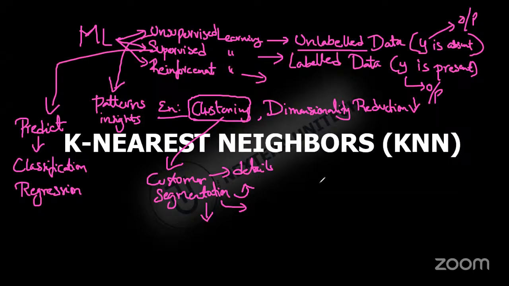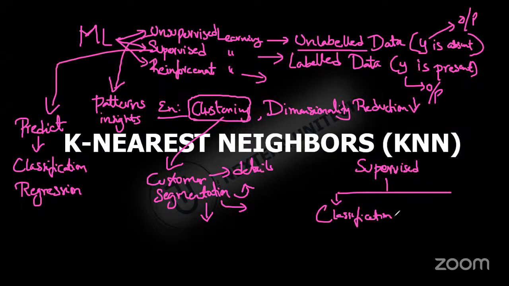So supervised learning is again of two types. The first one is classification and the second one is regression. When do we use classification algorithms and when do we use regression algorithms?